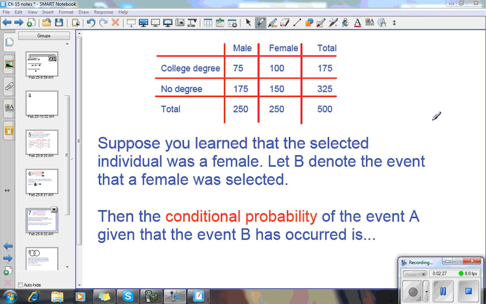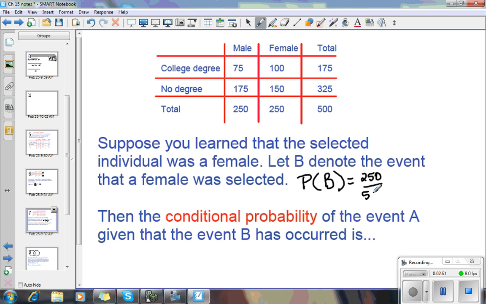Okay, now suppose you learned that the selected individual was a female. So I'm going to let B denote the event that a female was selected. So let's first talk about what's the probability that a female was selected. Well, the probability of that would be, we have 250 females out of 500. So that probability would be a half or 0.5.